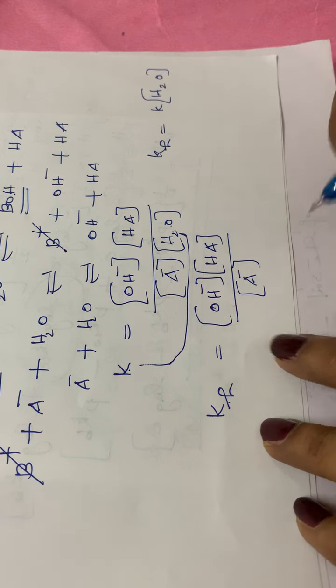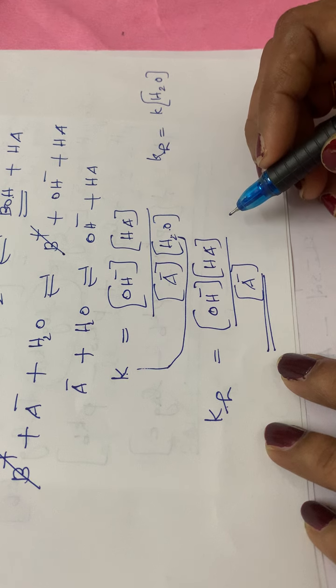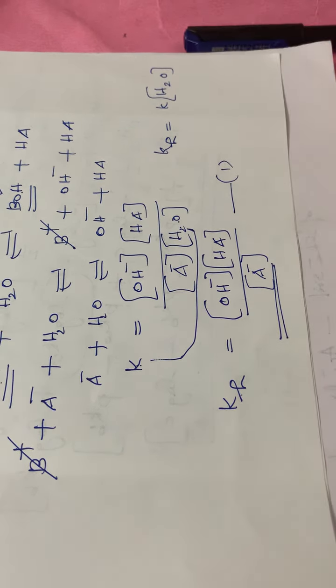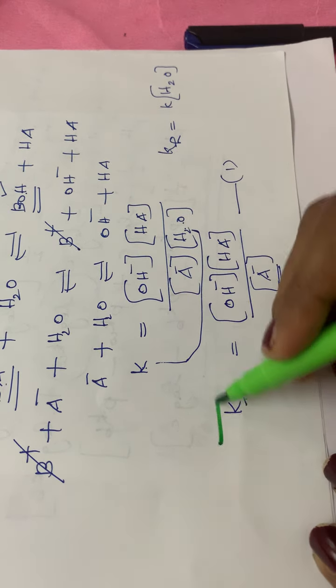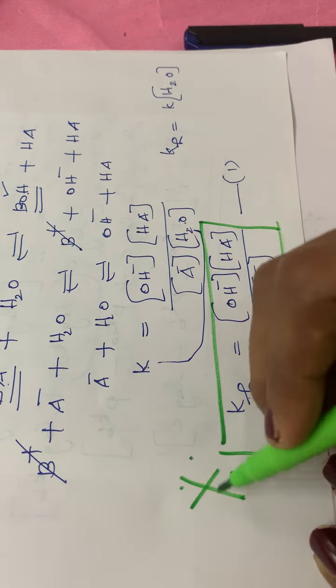So Kh is equal to OH minus into HA divided by A minus. This is equation number 1, the hydrolysis constant of a salt of weak acid and a strong base. This is also important. All these formulas are important. You have to do the problems also with this formula.